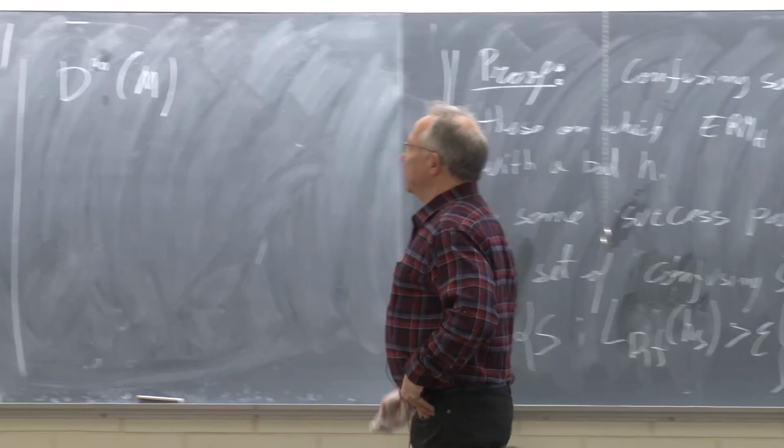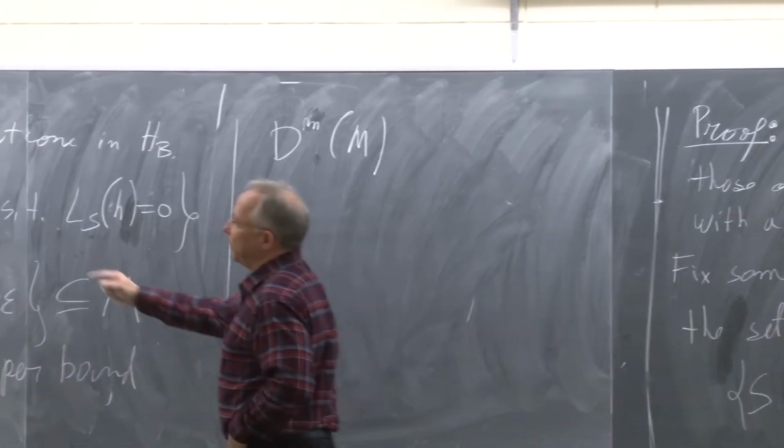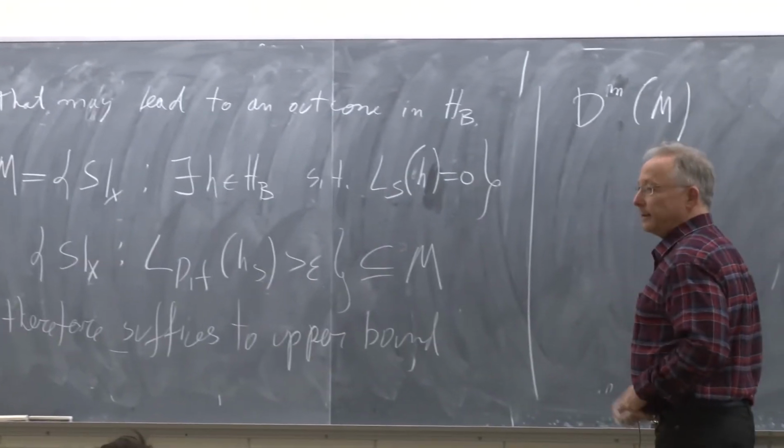Okay, now I can rewrite this set. This is the set of all S's for which there exists a bad H. So I can rewrite it.